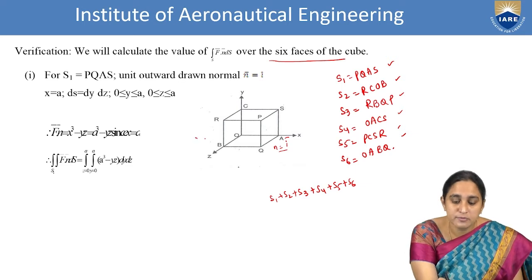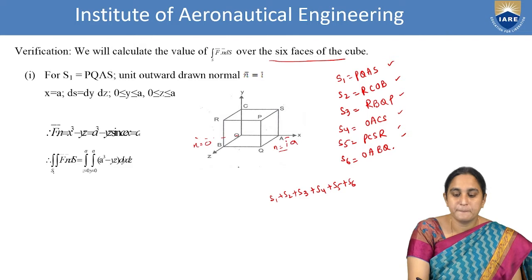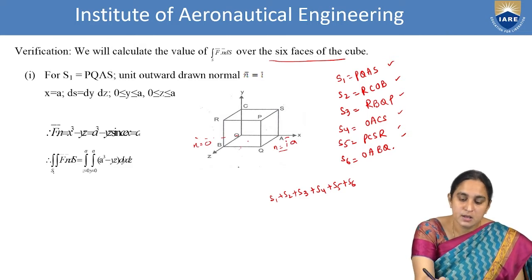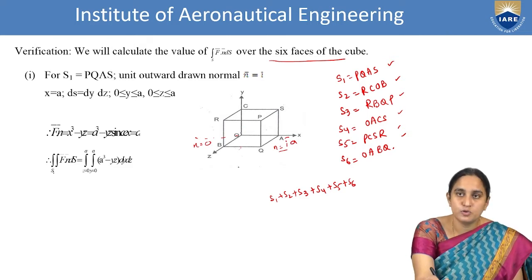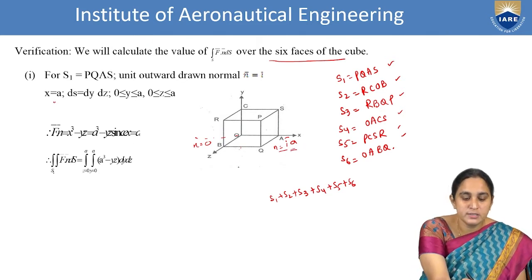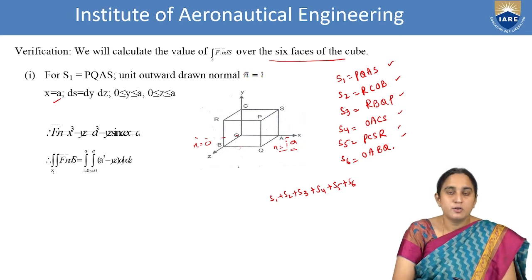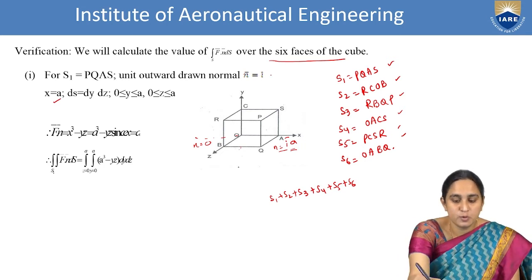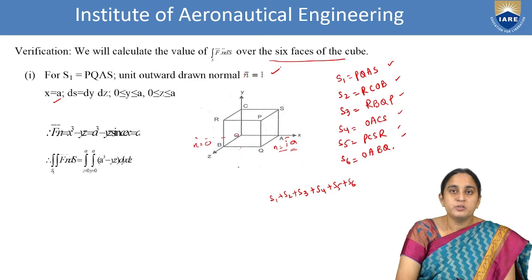From the x-axis, x is 0 to a, y is also 0 to a, and z also 0 to a. That means I'll take the x point as a, the unit normal vector is n bar equal to i bar. And what about ds?